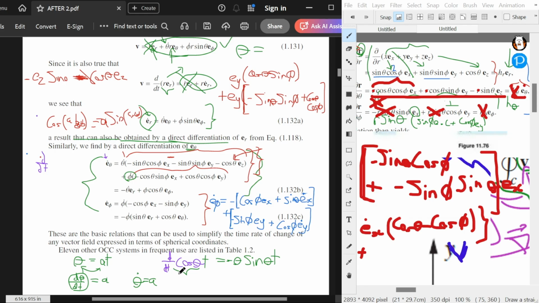So the d/dt of cos theta, let's go back to purple land, equals, let's get the minus and the sine out of the way. Let's put back theta. A would just be, it's just the differential.